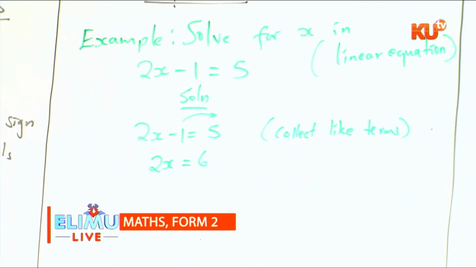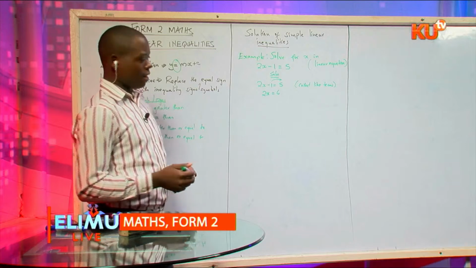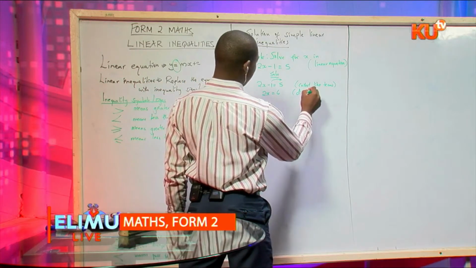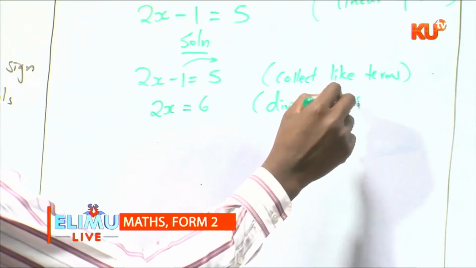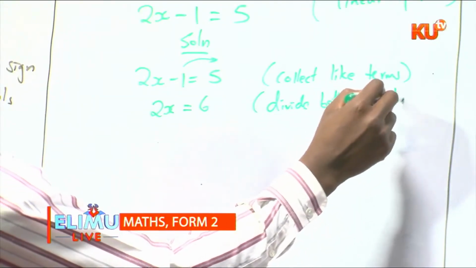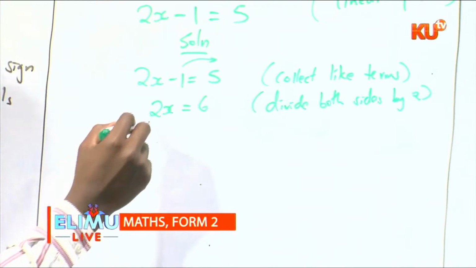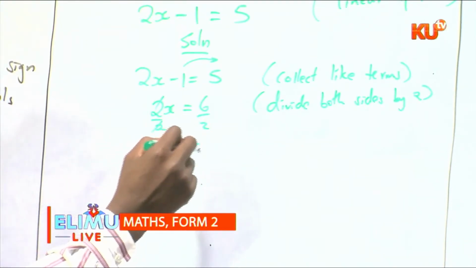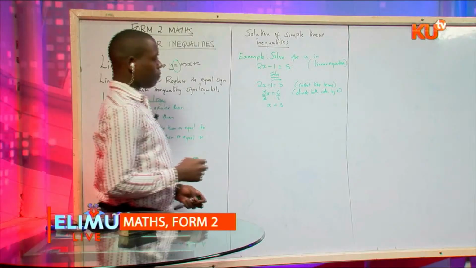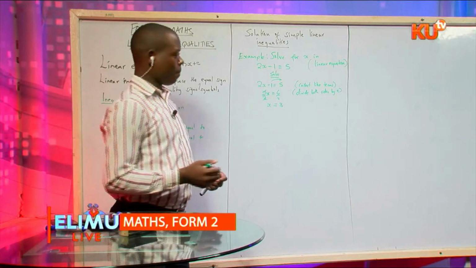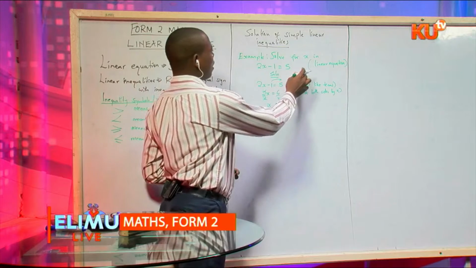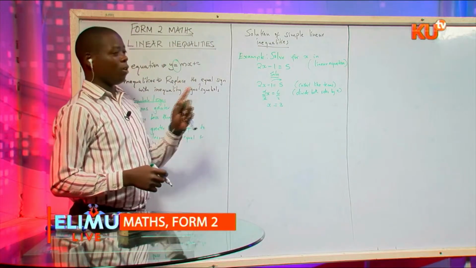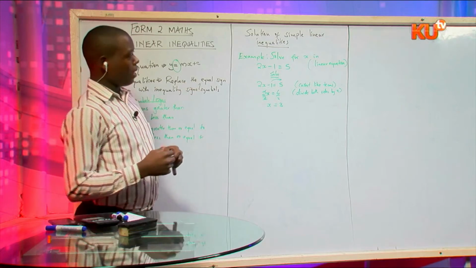So how do you get x? If 2x is equal to 6, to get x we divide both sides by 2. This cancels out, and x becomes 3. That is the solution. This is what we call the solution of linear equations in one unknown.